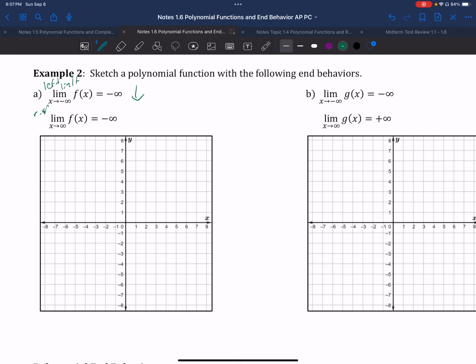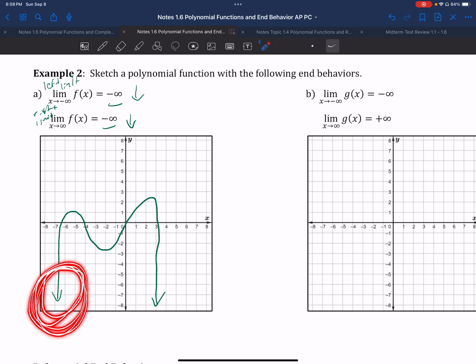For the second one, this is going to be my right limit and should also be pointing down, because as you notice, both of your limits go towards negative infinity. So I'm just going to do a quick sketch of my graph. On the left side, I should have an arrow pointing down and left, and then on the right side, I should have an arrow pointing right.